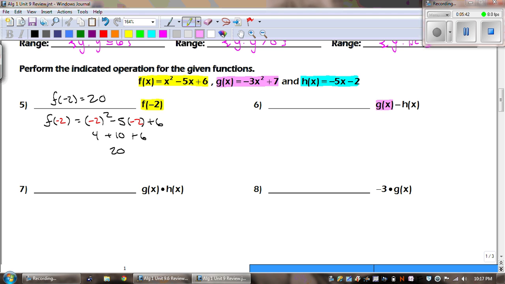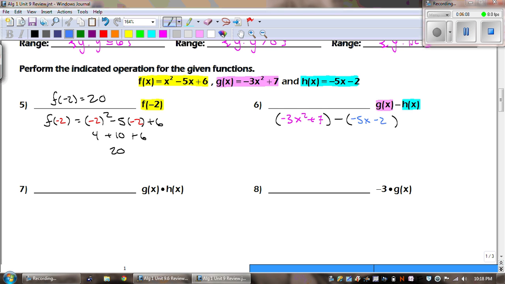Okay, number 6, they're calling us g of x minus h of x. So when we're plugging this in, we need to start with parentheses. So we got (-3x squared plus 7), and we're subtracting the (-5x minus 2).